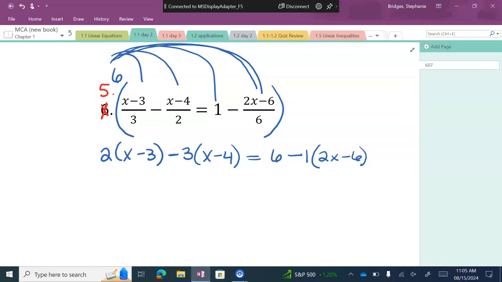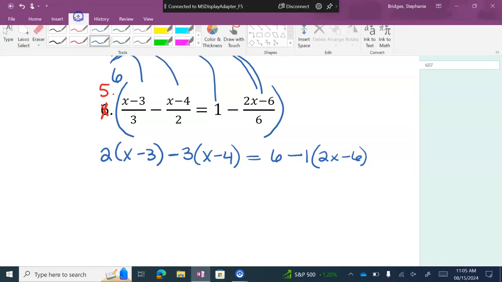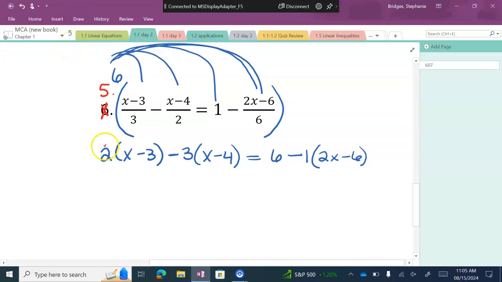All right, let's distribute now. Start at the beginning. We're going to go 2 times x. We're going to go 2 times -3. And then what kind of 3 am I going to distribute? A -3.